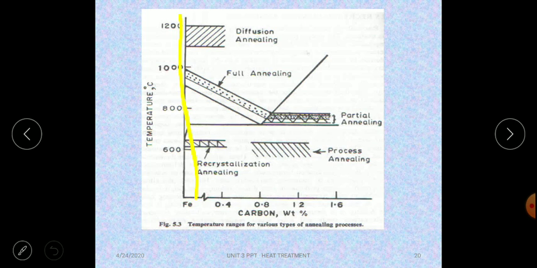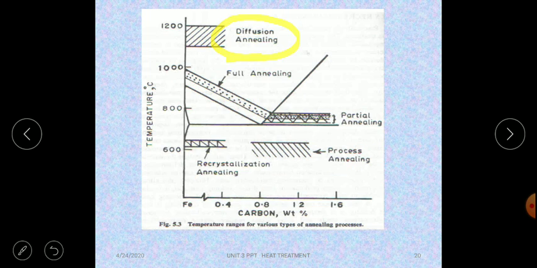Now it is shown on this diagram. First one was full annealing, that is heating of steel into the austenitic region to a temperature greater than 800 degrees Celsius. Next one, recrystallization or process annealing, just below the critical temperature.